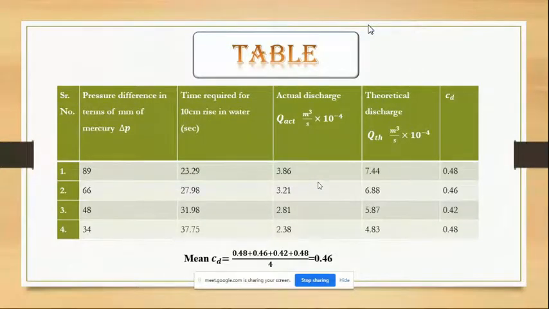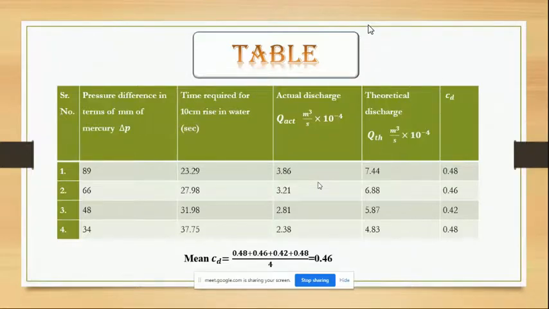The fourth column is about the theoretical discharge of water calculated using the formula A1 into A2 into root 2gh divided by root of A1 squared minus A2 squared, where A1, A2 are the inlet and throat sizes and h is the pressure head difference. In the last column, the consecutive values of the coefficient of discharge are noted, which is the ratio of actual discharge and theoretical discharge. Now the mean value of the coefficient of discharge is calculated, which comes to be 0.46.